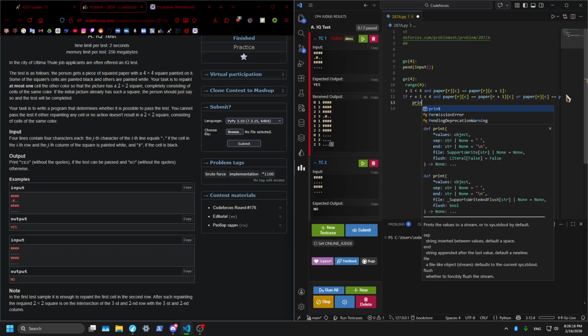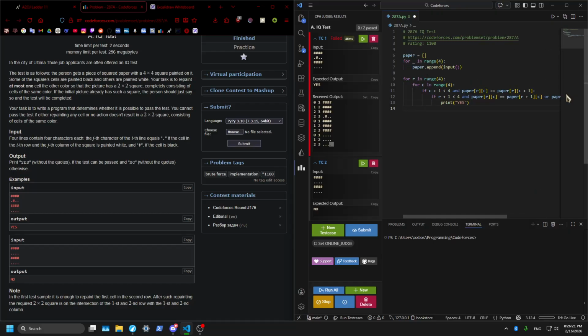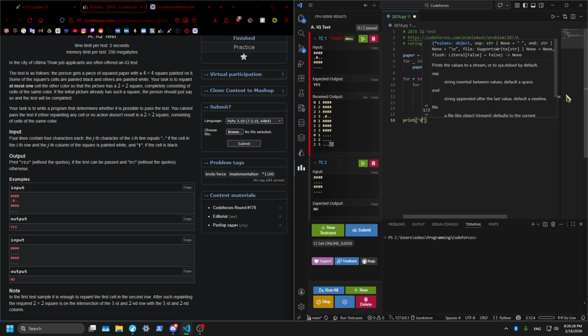We'll print yes, break, yes, exit, print no.